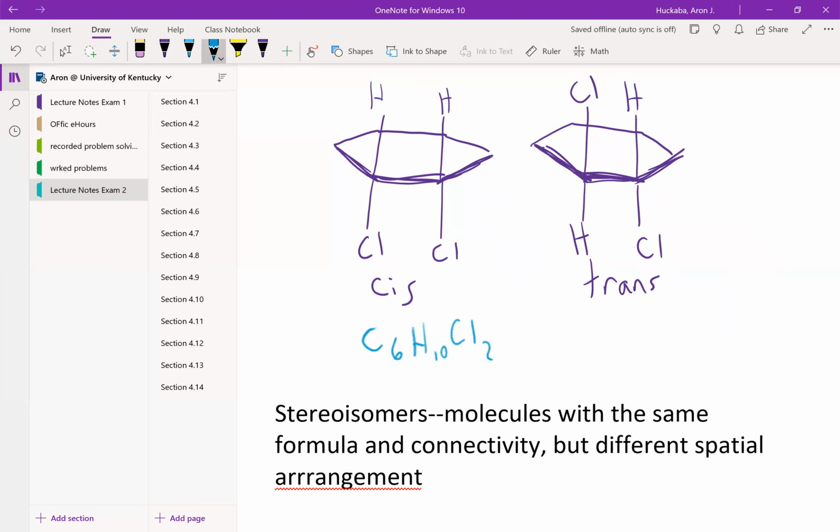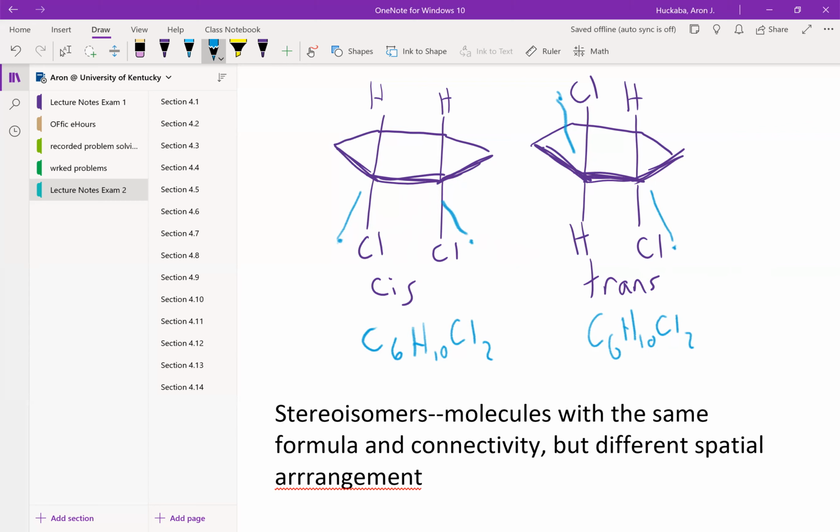And in the other one, it is C12345 H 2, 4, 6, 8, 9, 10, Cl2. So the same formula, the same ways that the atoms are connected to each other, because this chloride is bonded to that carbon, and this chloride is bonded to the same carbon, and same with the other one as well.